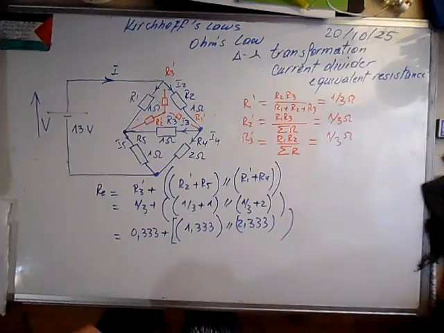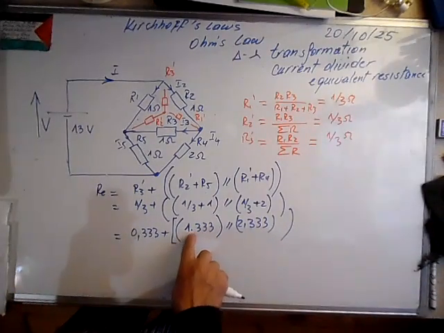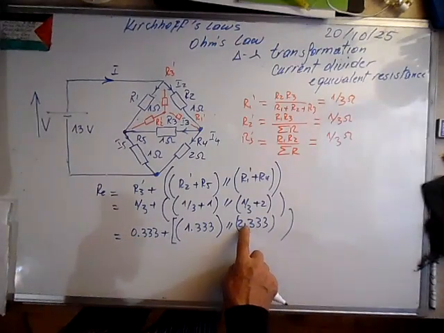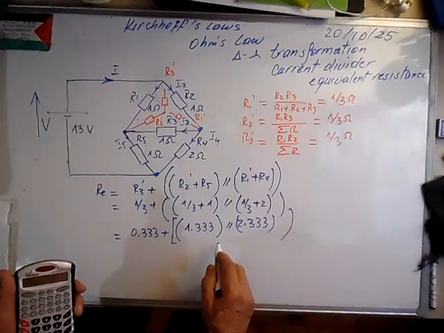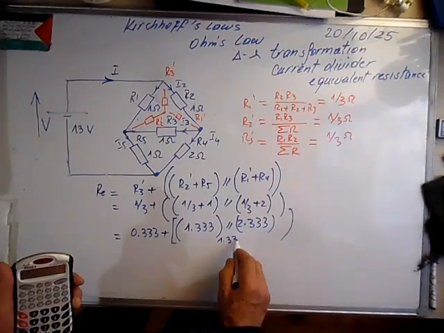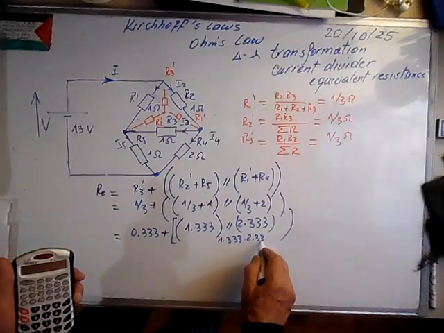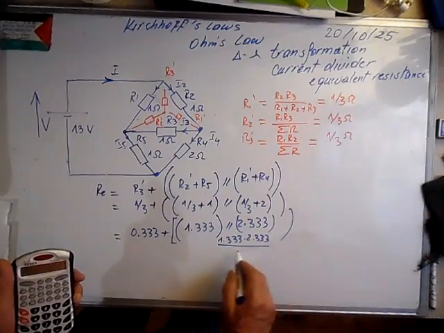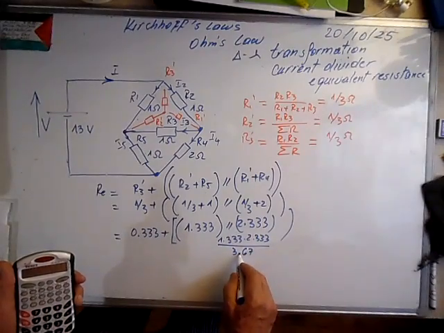So here we calculate it. 1.333 times 2.333 over 3.67.